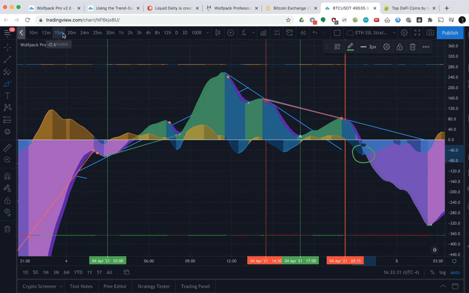So if you go up maybe 4 or 5 times past the current time frame that you're on, so we're on the 15-minute, we'd be looking at maybe the 1 hour, possibly the 2 hour. If that wave is green, we're on an uptrend in the lower time frame. If that wave is dark green, then we're maybe in a cooling off period, possible downtrend on the higher time frame. So keep an eye on those multiple time frames.